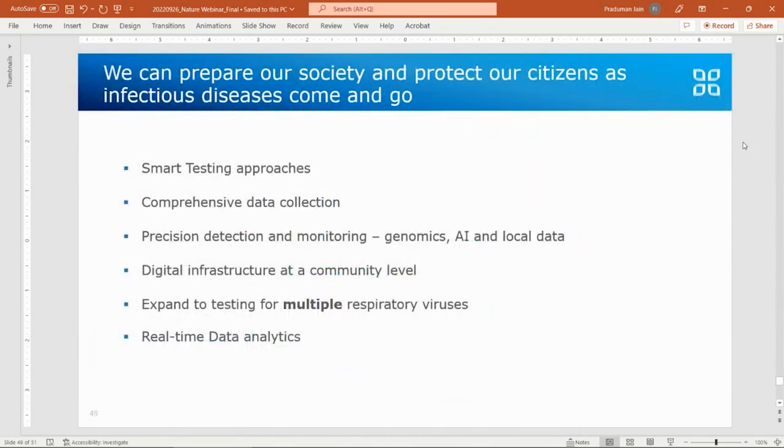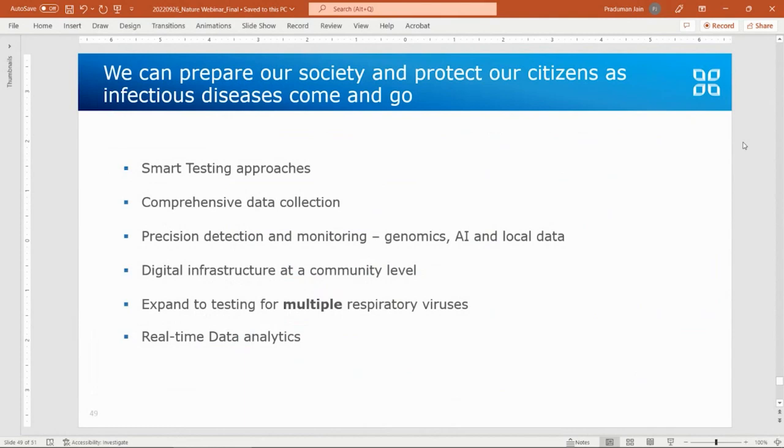So we've been addressing these different bullets that we talked about earlier in the presentation around smart testing through diagnostics and by combining software with hardware, testing hardware in a kit. We spoke about comprehensive data collection. Dr. Nash and Dr. Inan talked about different approaches to data collection.